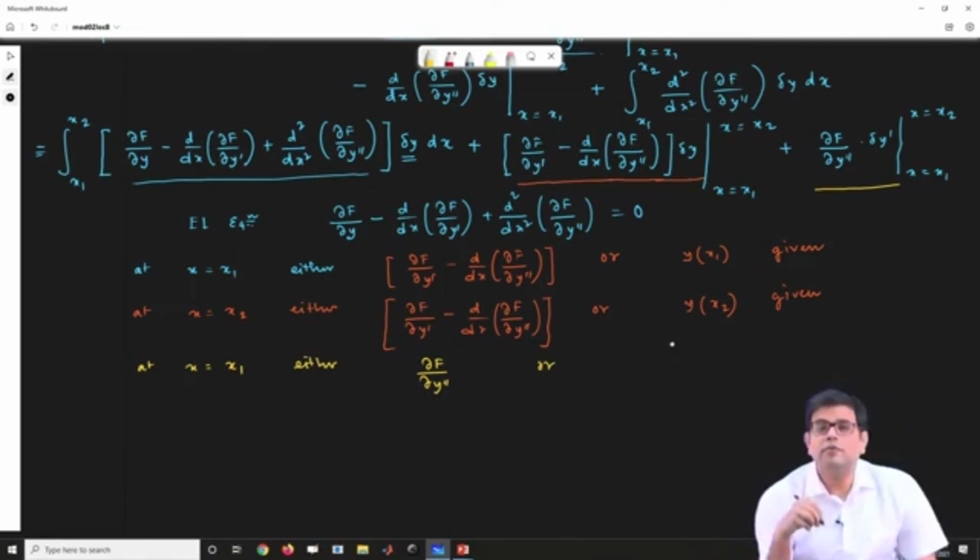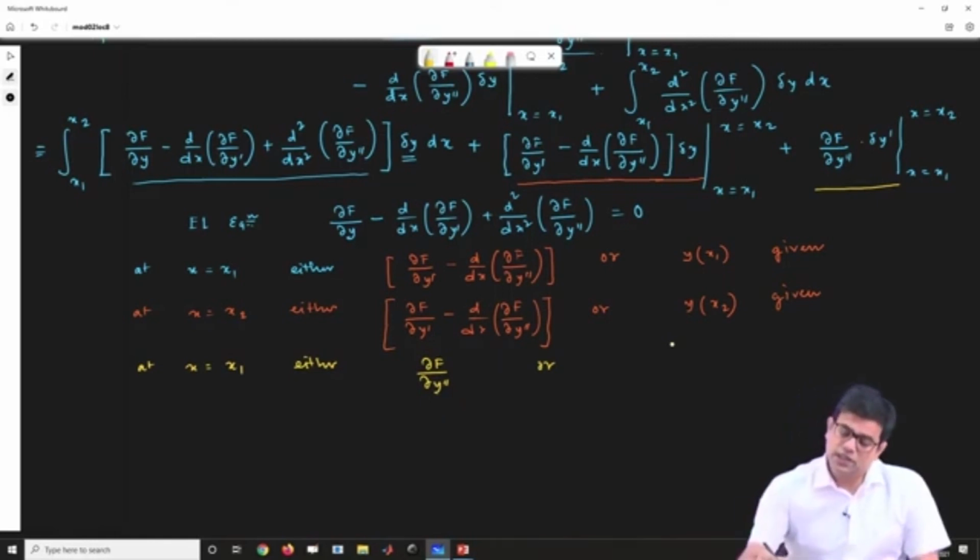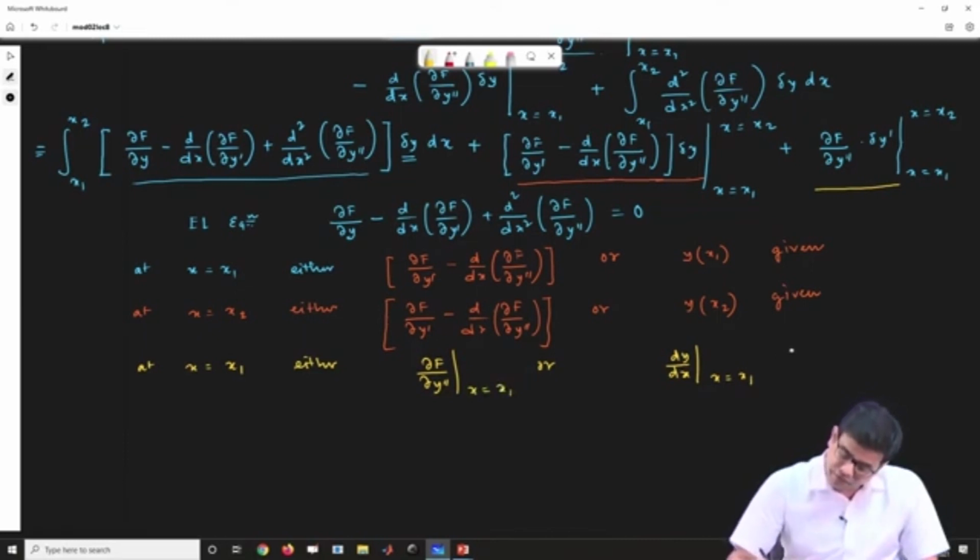So, δy' has to be 0. Here it requires an additional admissibility condition. So, I will say that dy/dx at x equals x1 is also given.